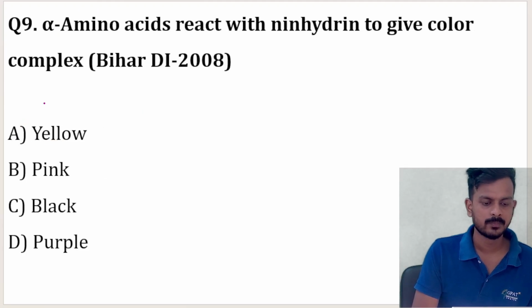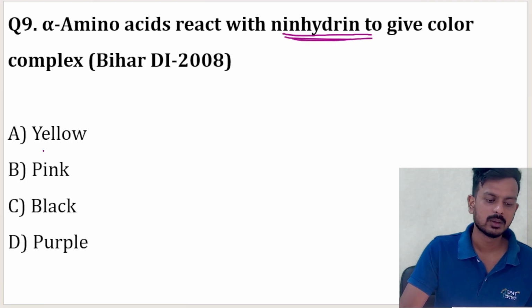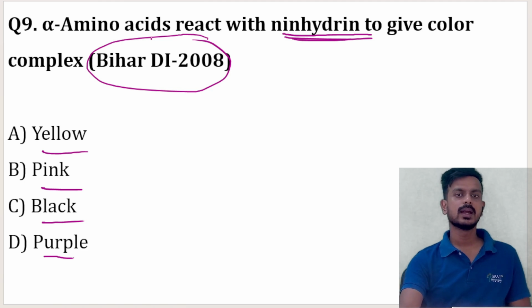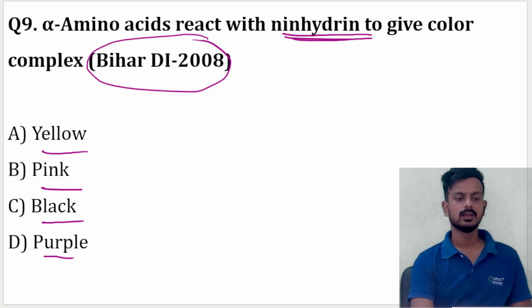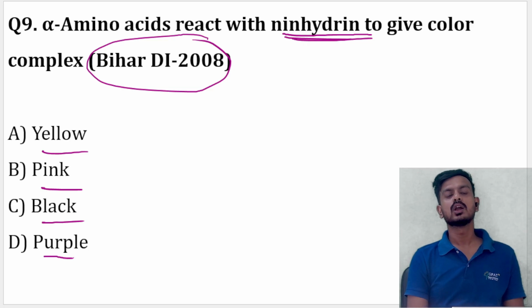Okay. Next question. Alpha amino acid reacts with ninhydrin to give a color complex of yellow, pink, black, or purple. This question was asked in Bihar DI 2008. So alpha amino acid reacts with ninhydrin to give which color complex?